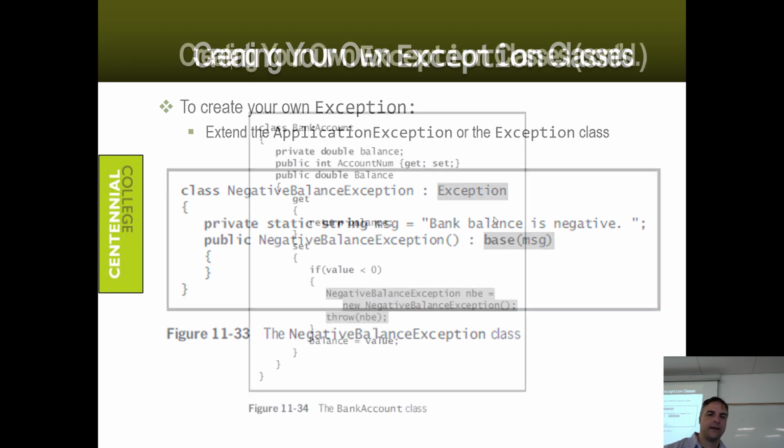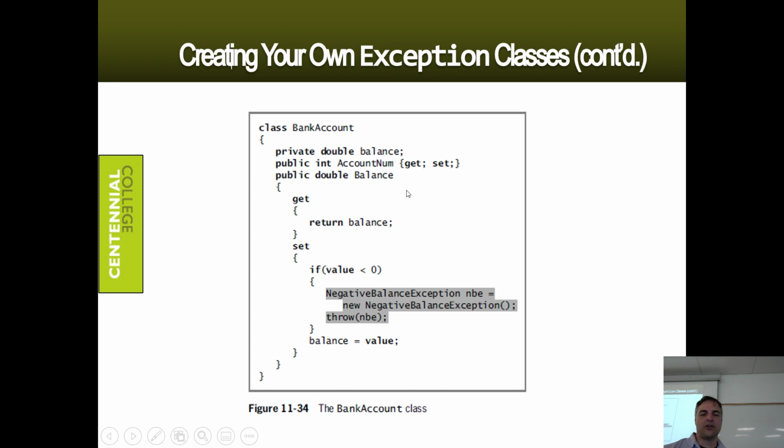Okay? So how does this work? Well, here's my bank account as an example, and we're going to get a balance and set a balance. When we're trying to set the balance, if the value is less than 0, then guess what? We're going to throw a negative balance exception.